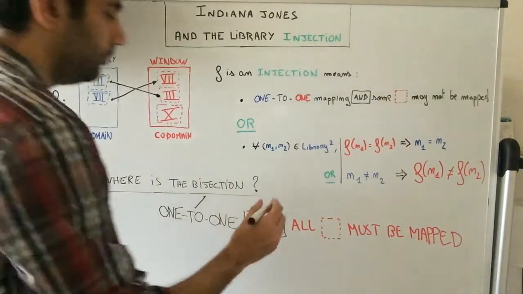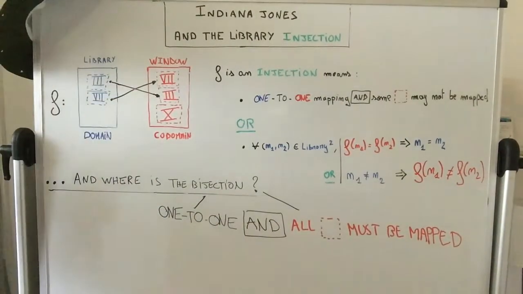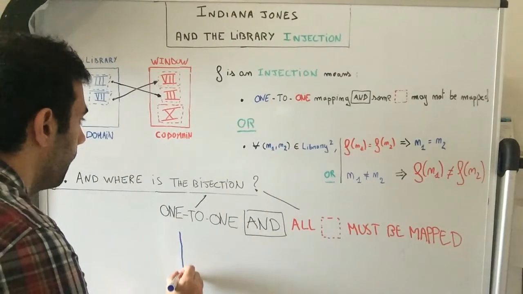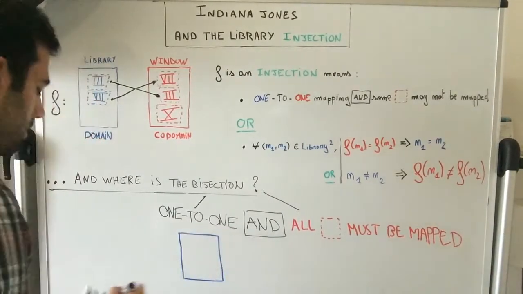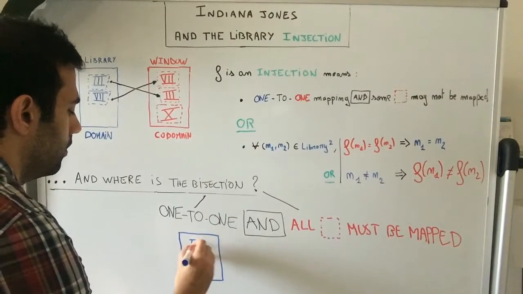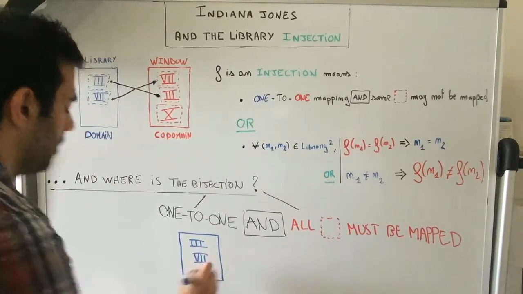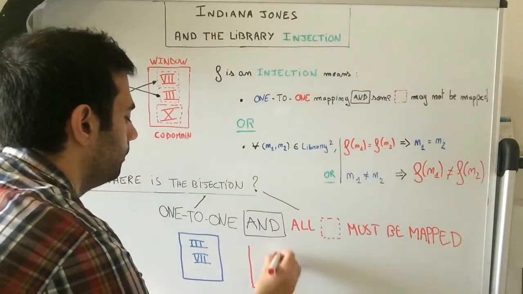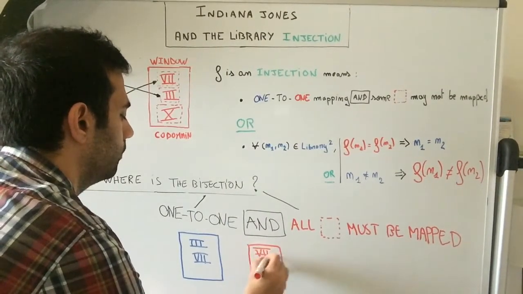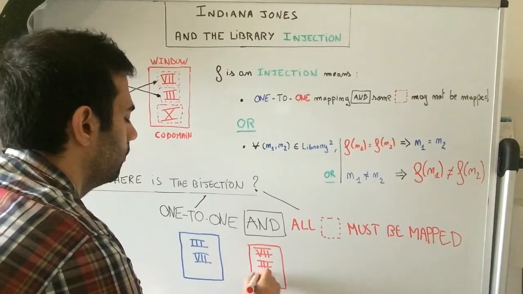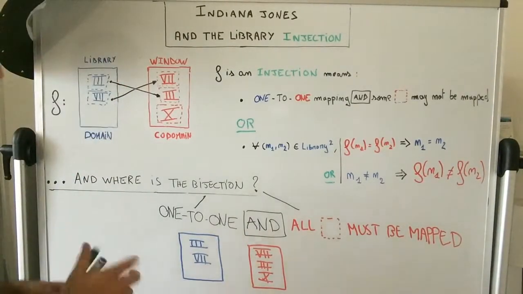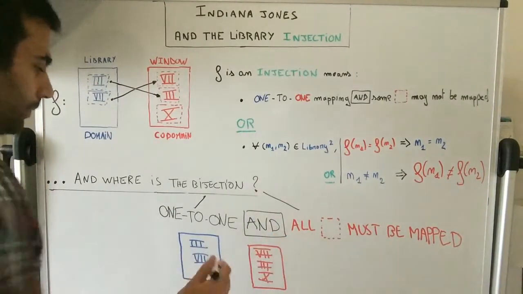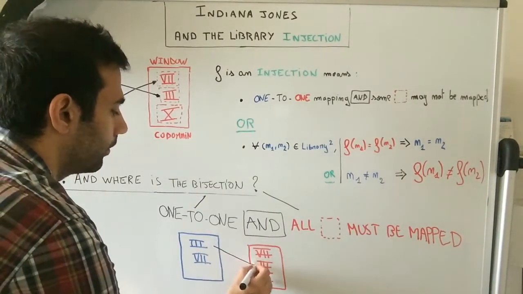That's a bijection. Two conditions. Okay, so if I try to draw the situation again, domain 3, 7, and codomain 3, 7, 10. If I try to make this condition valid, I could do this.